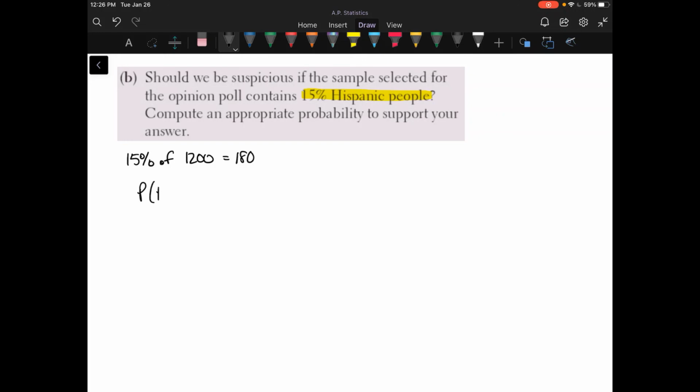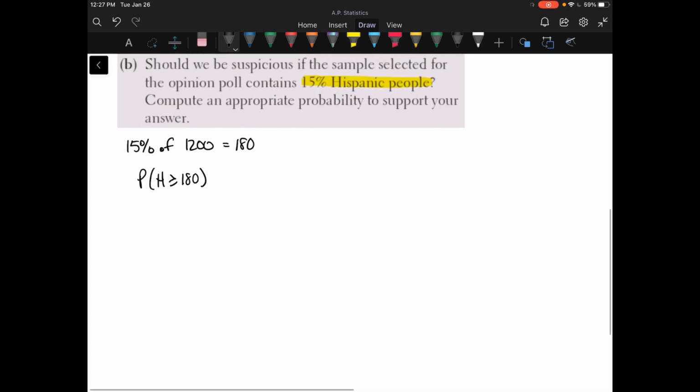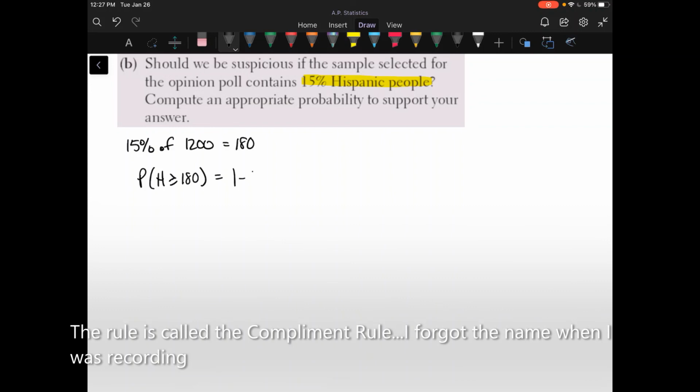So we will find the probability of H being greater than or equal to 180, which, remember, doesn't show up in our table A. So we're going to use the rule that this is equal to 1 minus the probability of H being less than 180.